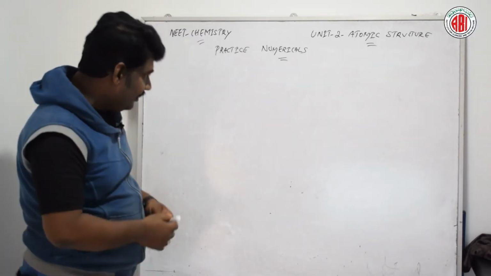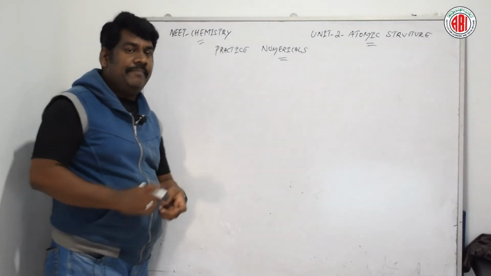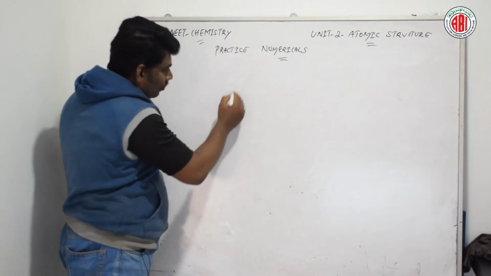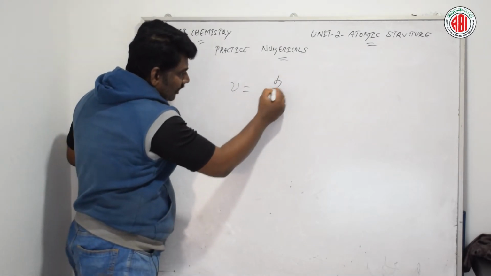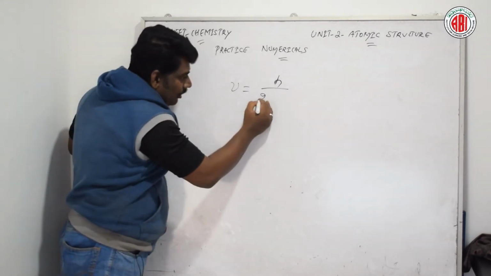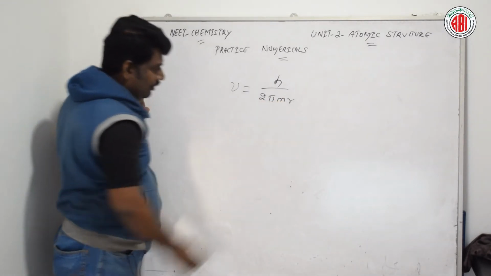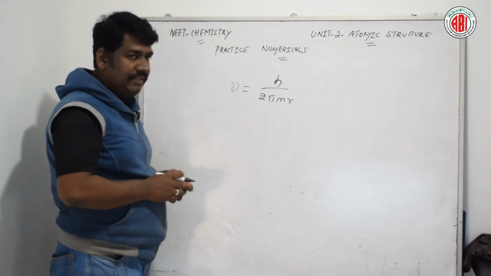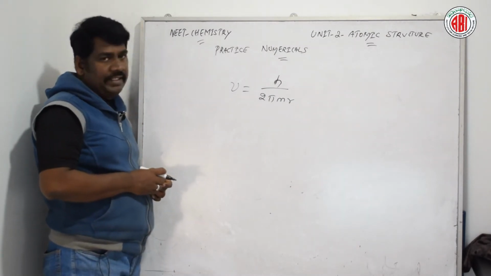According to this question, we are going to find the velocity. Velocity is equal to h by 2 pi mr. This is the formula we are going to use to find the velocity.